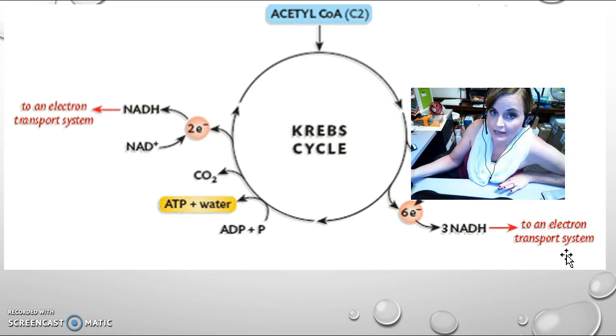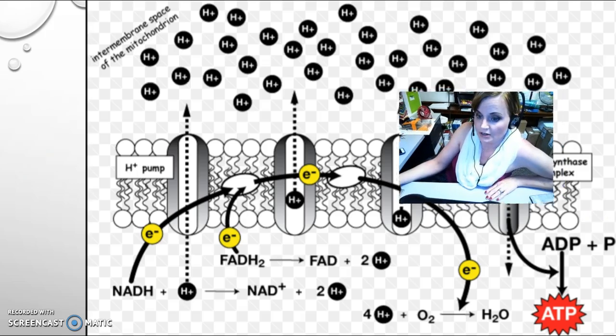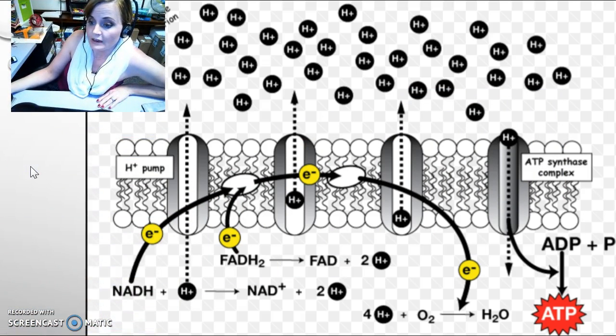There is another electron transport chain, one in photosynthesis, when we looked at the light reactions, and also one in aerobic respiration. So this is going to be a little trickier because my picture is going to get in the way, but the electron transport chain takes place in the inner membrane of the mitochondria.